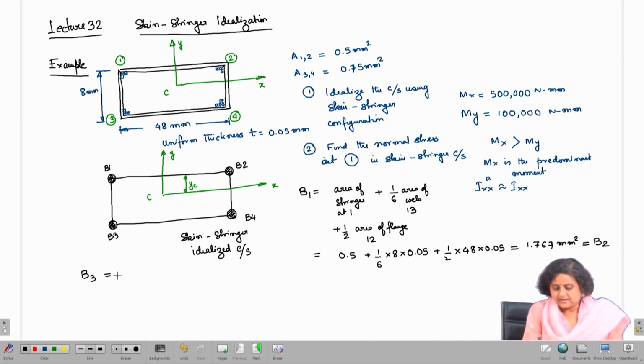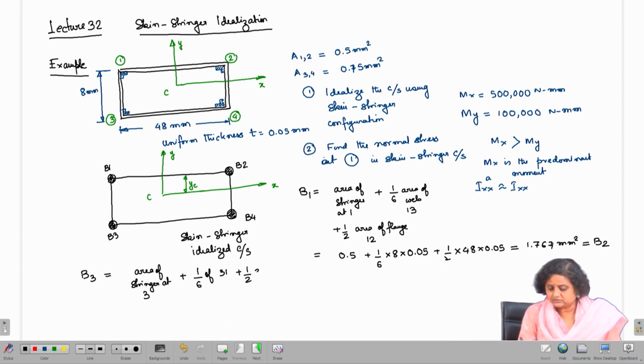Now, B3 is again going to be the area of the stringer at 3 plus 1/6 of the vertical web, that is 3/1, plus half of the adjacent horizontal flange, which is 3/4.